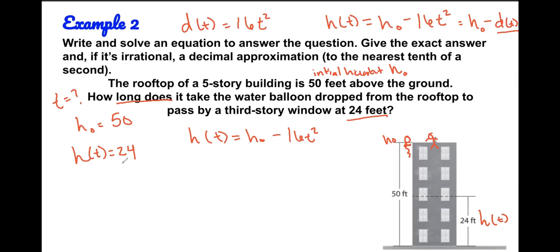The height that we're interested in, that we know it's going to pass, is at 24 feet. So let's substitute that. Our initial height was 50 feet. And we're interested to know about t. So we're going to use now this quadratic equation. We're going to solve for t. Let me go ahead and subtract 50.